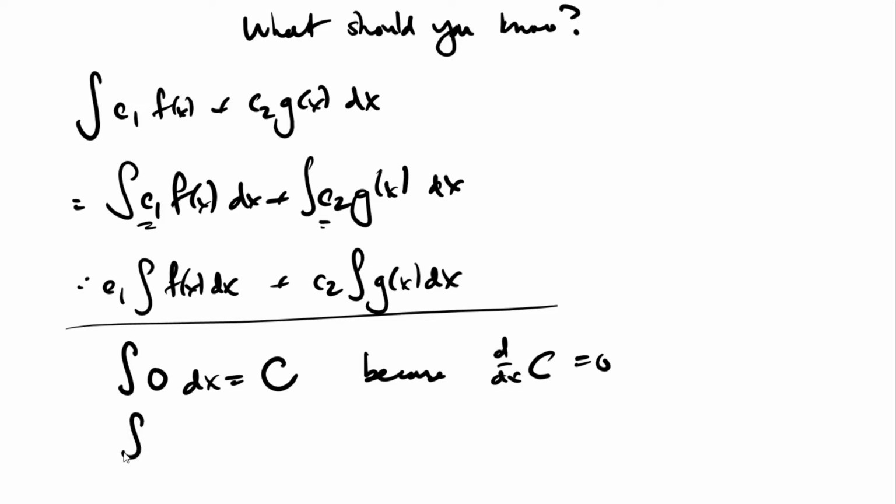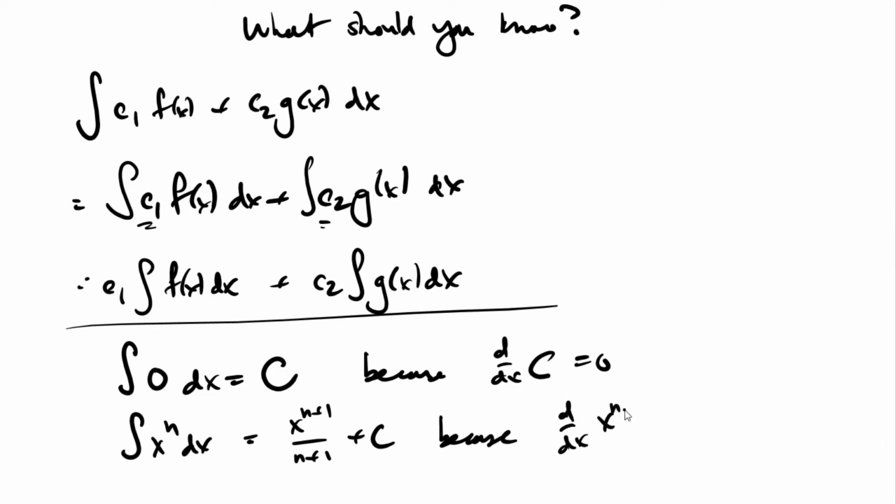The integral of x to the n dx is equal to x to the n plus 1 over n plus 1 plus c, because the derivative of x to the n plus 1 is equal to n plus 1 times x to the n. So the power rule for derivatives is what gives you the power rule for integrals.